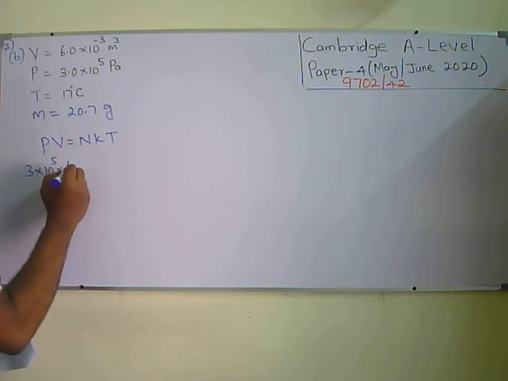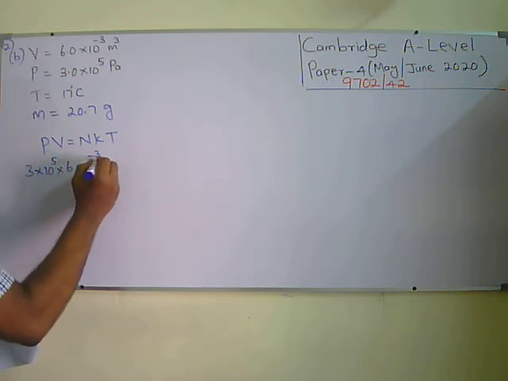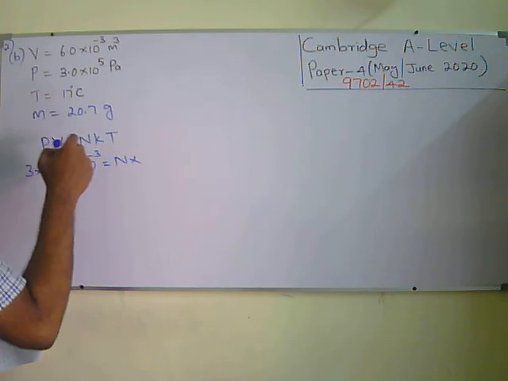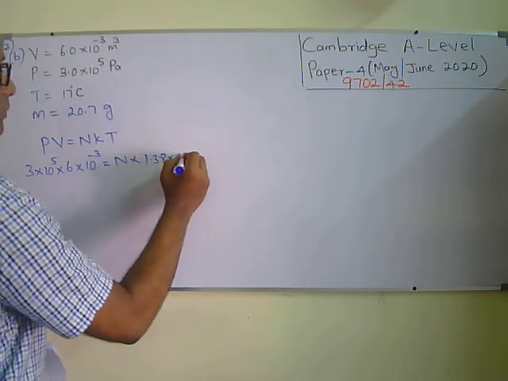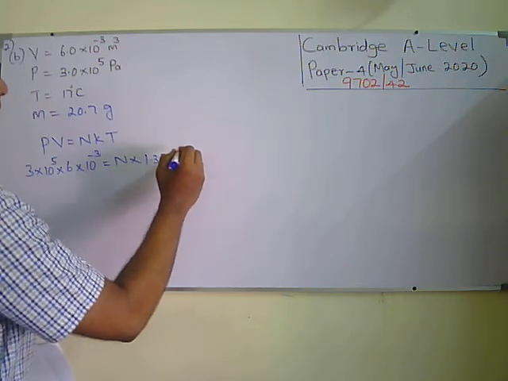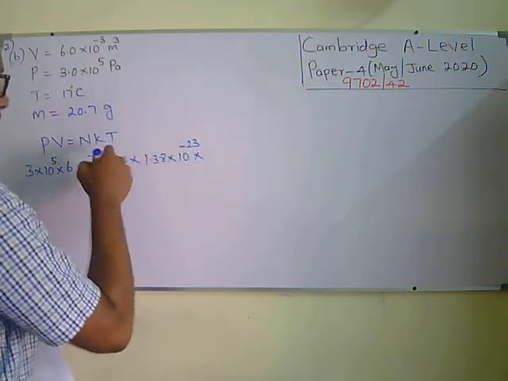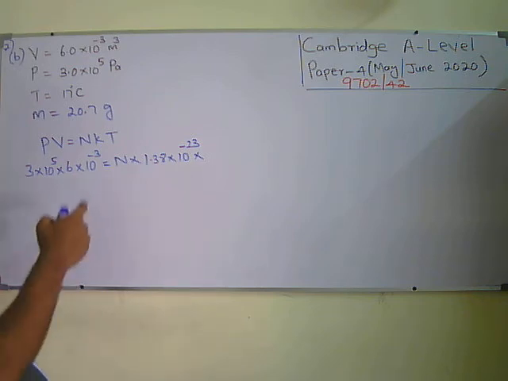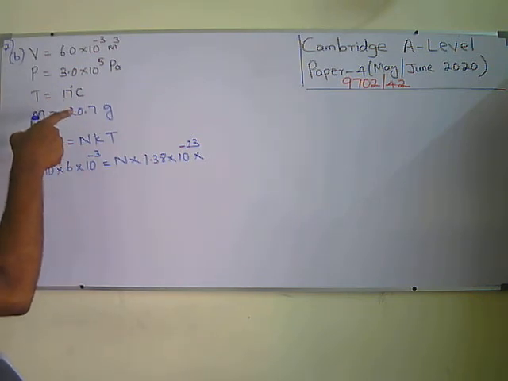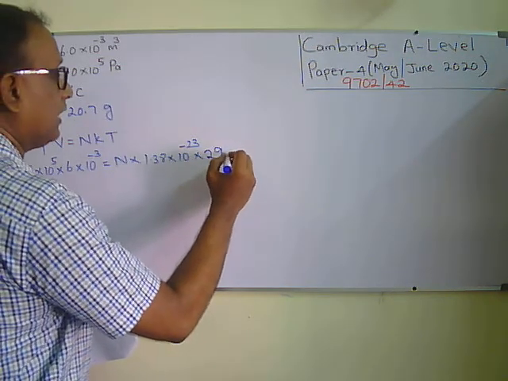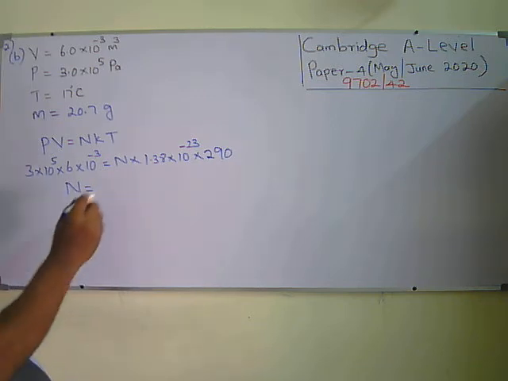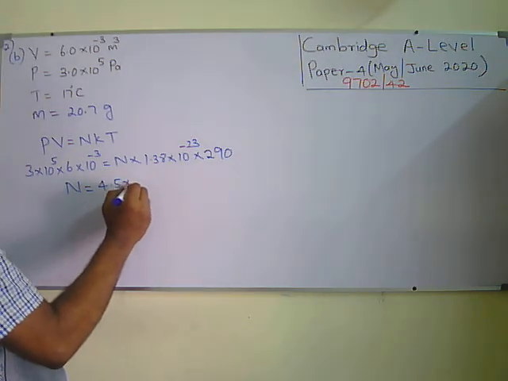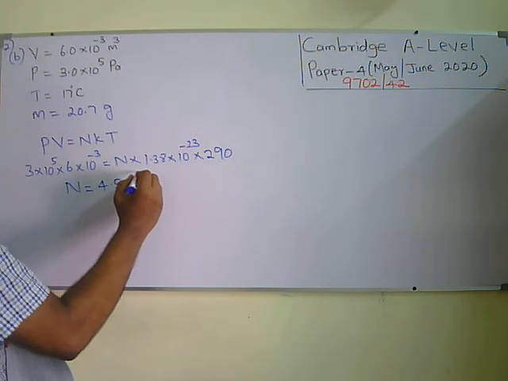V is the volume, 6 × 10^-3. k is the Boltzmann constant, 1.38 × 10^-23. Careful, the temperature should be in Kelvin, so add 273 to 17 and you get 290. The number of molecules will be 4.5 × 10^23.